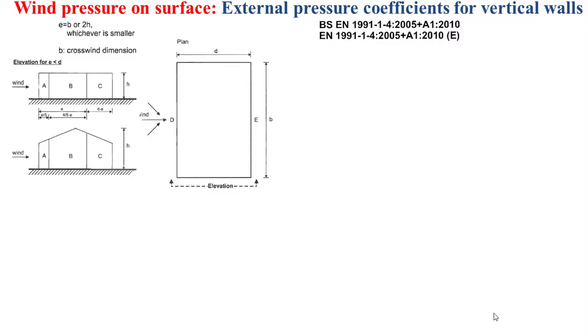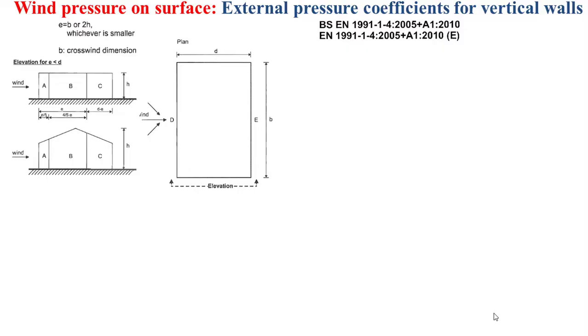The first case is when the dimension small e is lower than the dimension small d. In this case, we have 3 pressure zones in the side wall: the zone A, the zone B, and the zone C. And the pressure in the zone A is higher than the pressure in the zone B, which is higher than that in the zone C. The in-wind dimension of the zone A is equal to the dimension small e divided by 5.